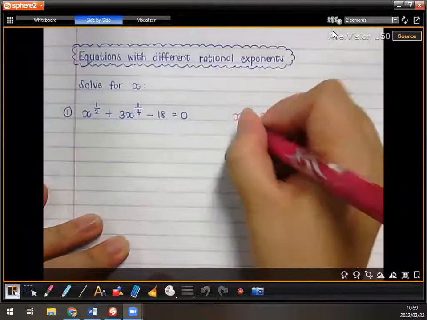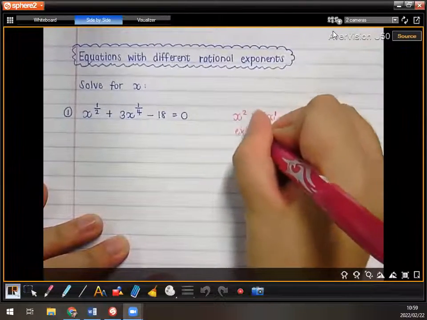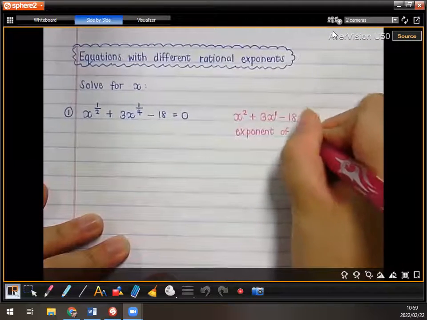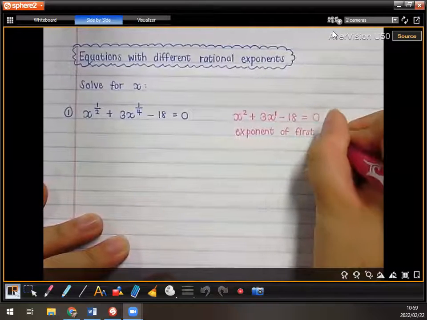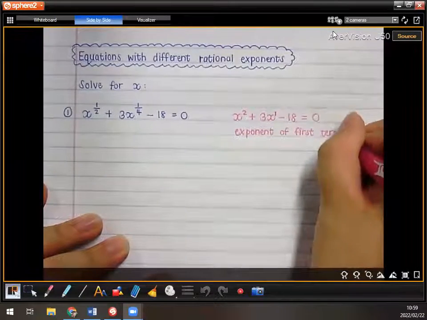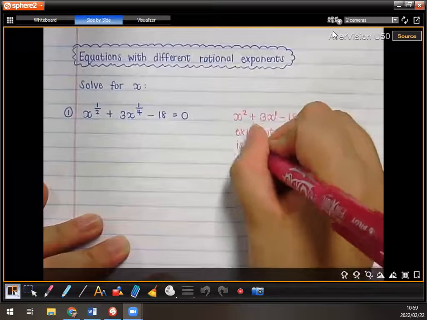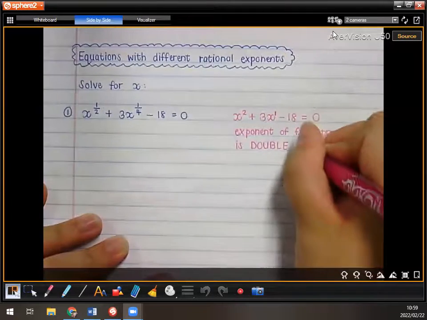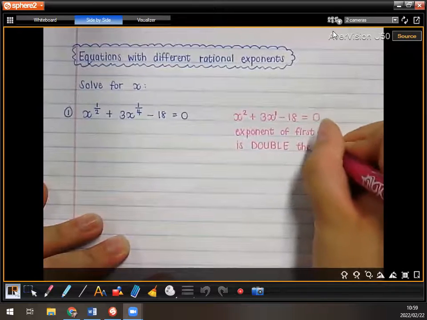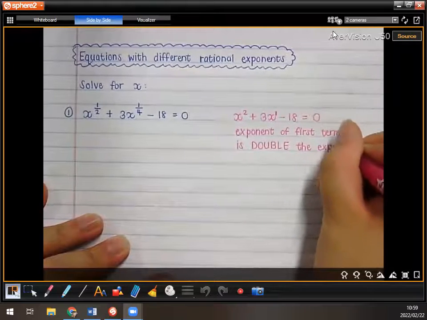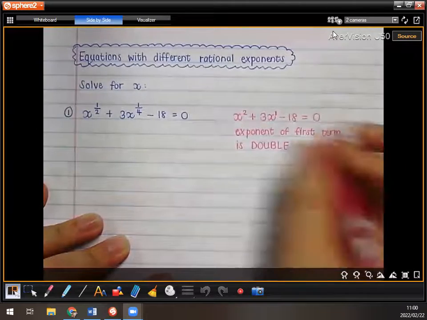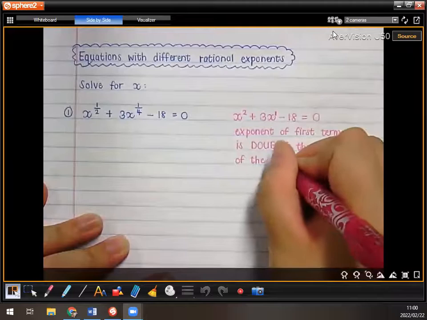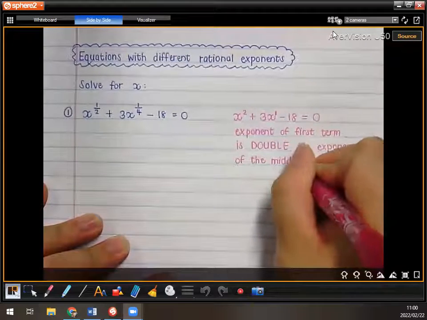I'm going to write that down. Exponent of first term is double the exponent of the middle term.